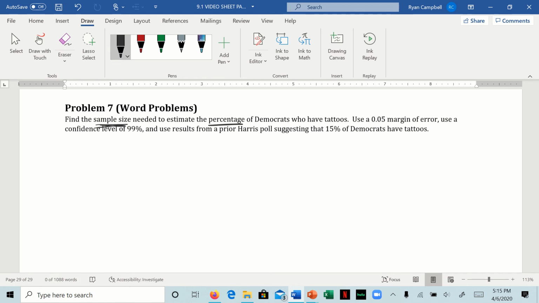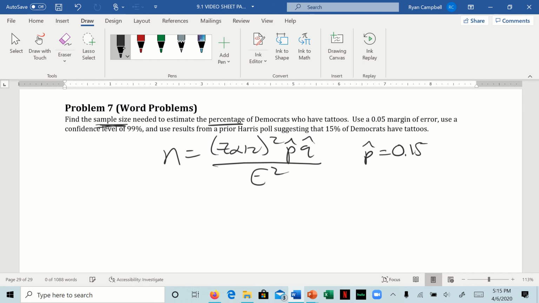So we know we're going to use our percentage formula. All right, so p-hat is 0.15. That's what they gave us. q-hat is 1 minus p-hat, which is 0.85. E is 0.05. That's the margin of error. They told us that one too.